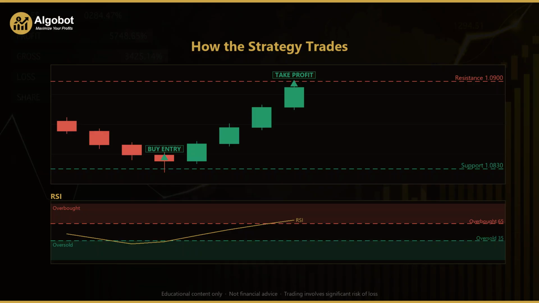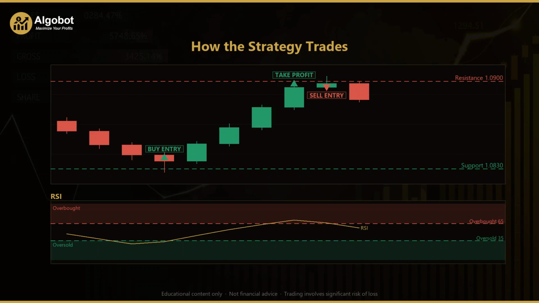Higher closes, RSI rising back through the middle of its range. Buyers are in control, and price works its way up toward resistance. As it reaches up near the take profit target, the long is closed for a gain in this illustration. That's the full long cycle, exhausted selling into support, a rejection close, and a rotation back across the range.